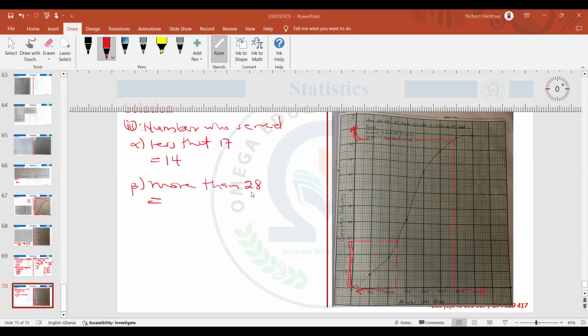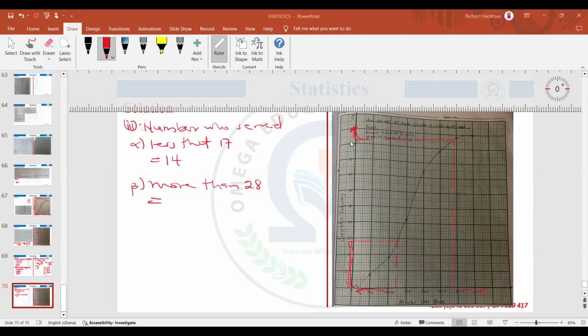Is the 28 given in terms of numbers, or in terms of marks, or in terms of score in this case? It's given in terms of score, sorry. Okay, so in terms of score, it means what you have here is a score. So you go and start reading on the score, the 28 score.